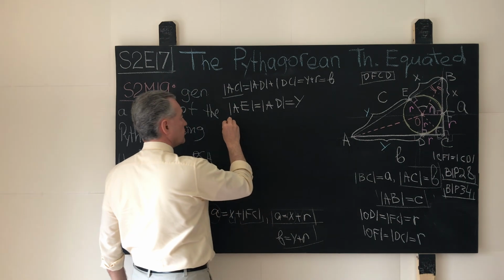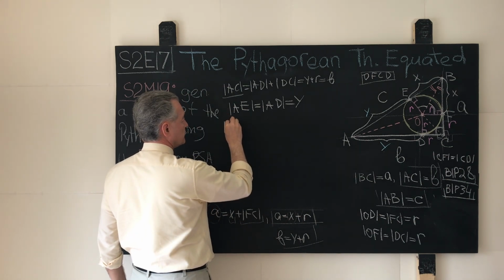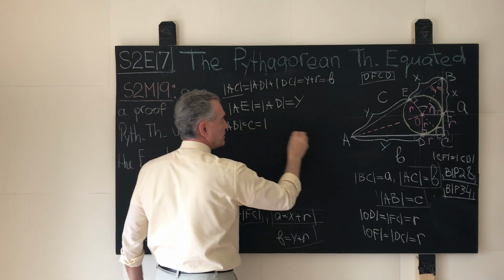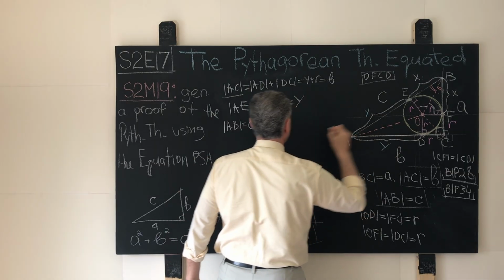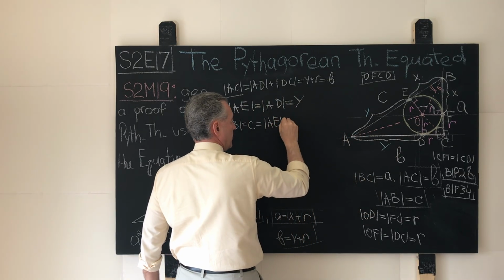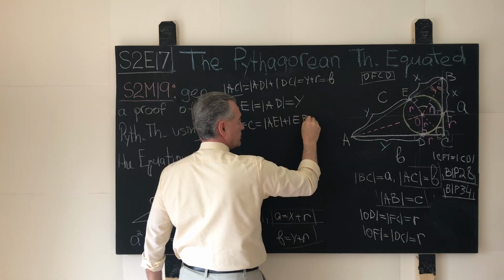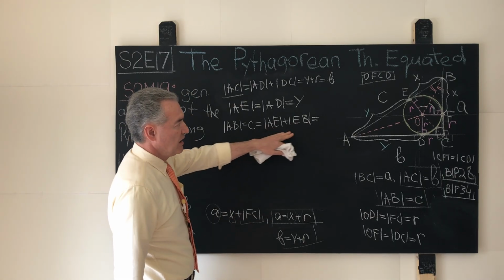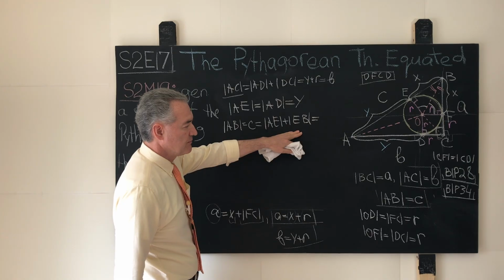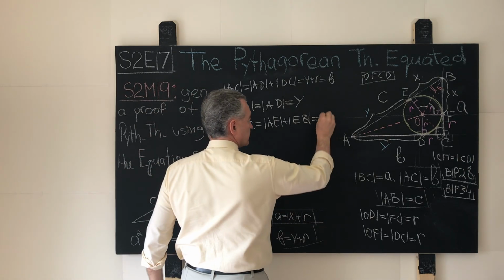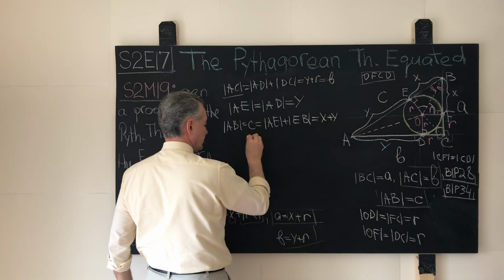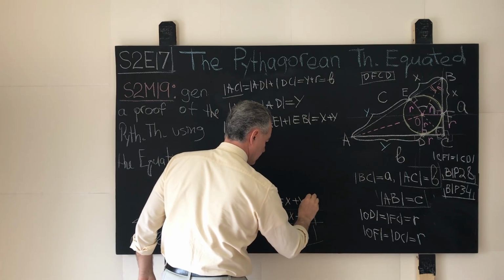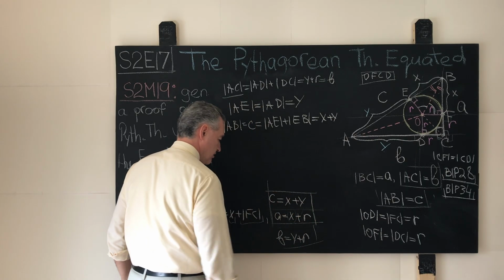The length AB, to which we refer as C, is equal to the distance from A to E plus the distance from E to B. In our designations, AE is Y and EB is X. So we have our third equation, C equals X plus Y. This is equation number 3.